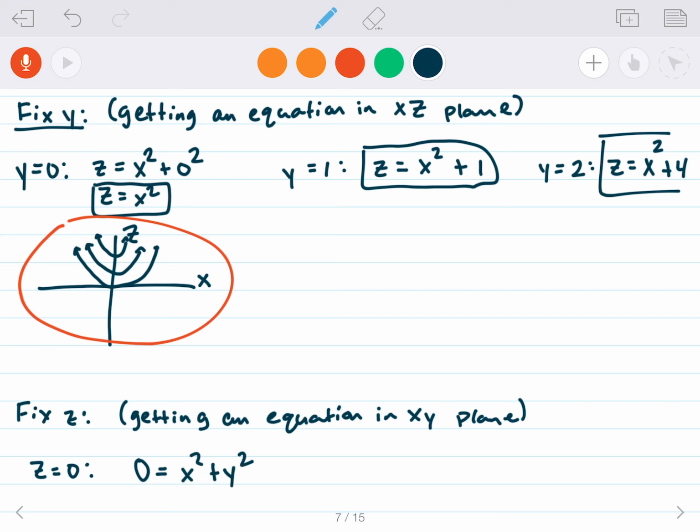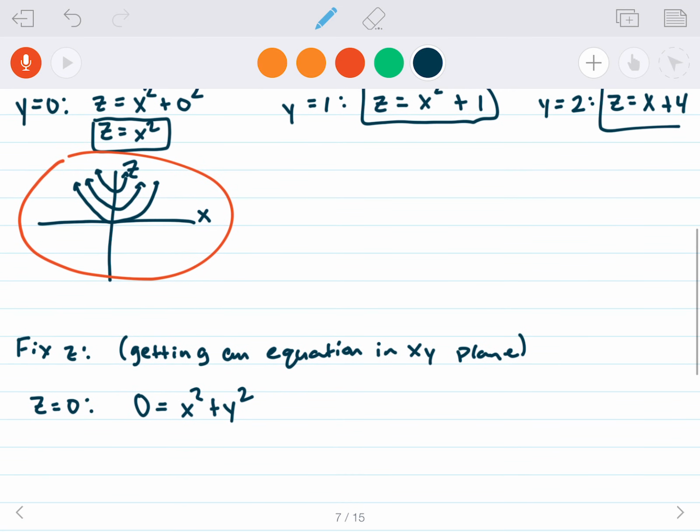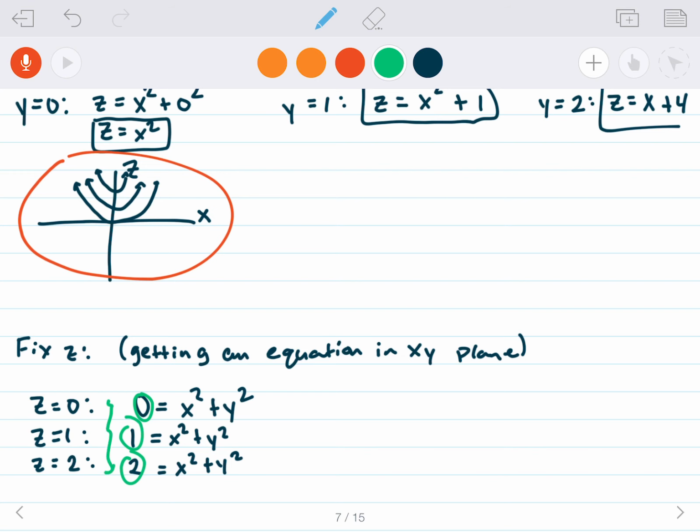So that's just a point at the origin, a circle with radius 0. When z equals 1, we get 1 equals x squared plus y squared. When z equals 2, we get 2 equals x squared plus y squared. So as we get higher and higher in z, the radius of the circle is getting bigger and bigger.